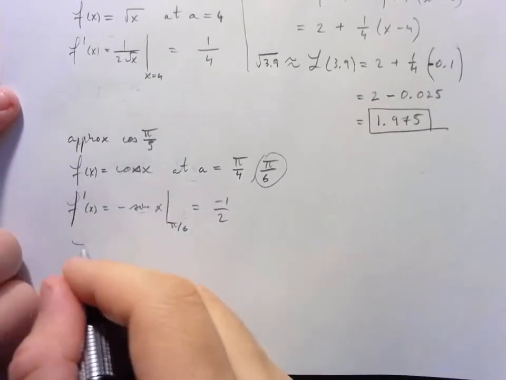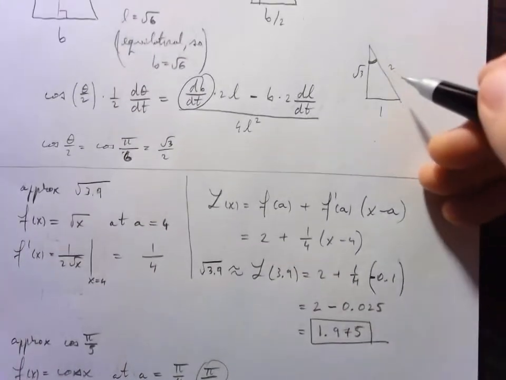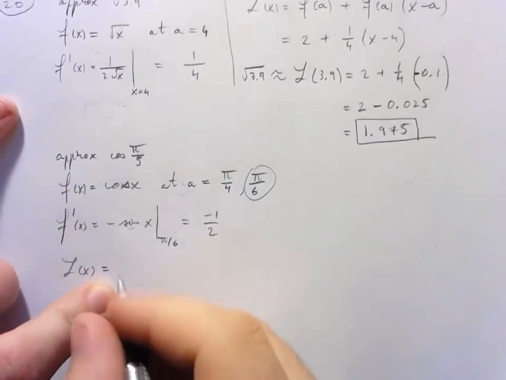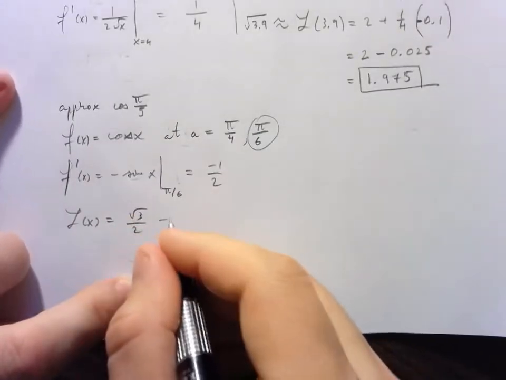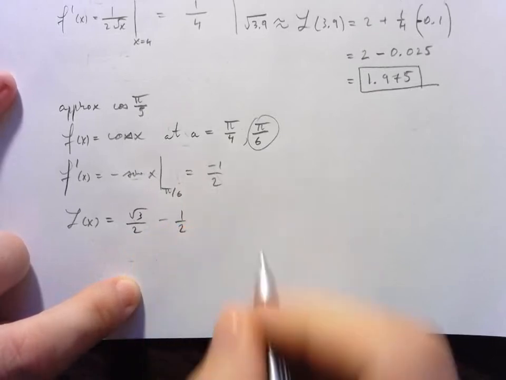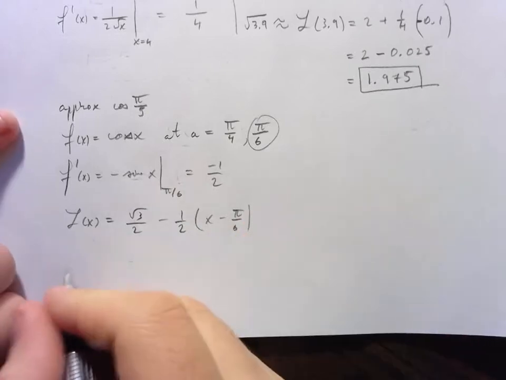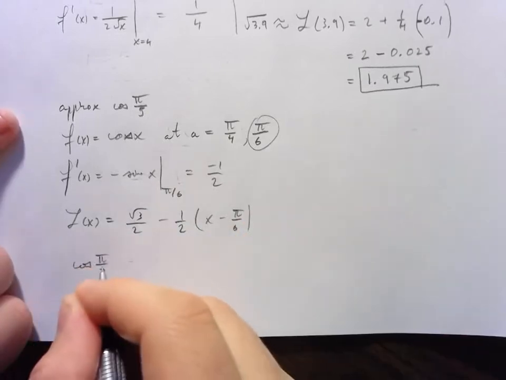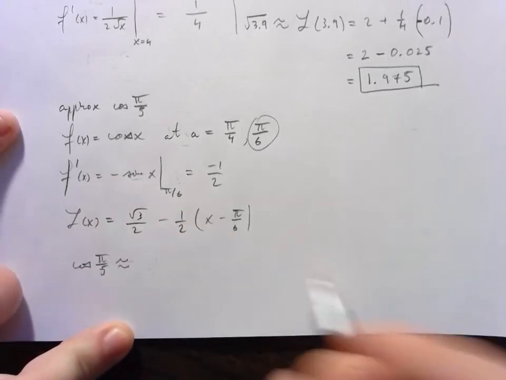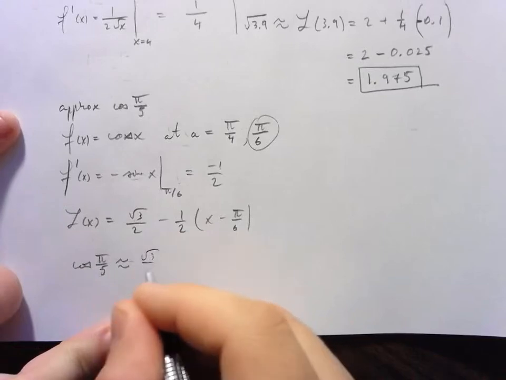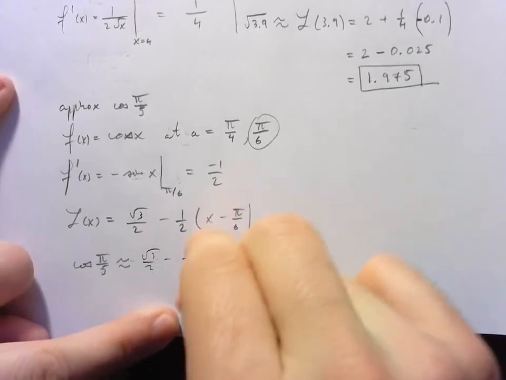And the linearization formula is going to be cosine of pi over 6. So cosine of pi over 6 was root 3 over 2, minus a half, minus because that's negative, x minus pi over 6. Right? So then cosine of pi over 5 should be approximately, let's see, I just plug in pi over 5, so root 3 over 2 minus a half, pi over 5 minus pi over 6.